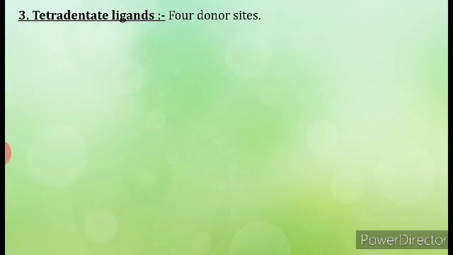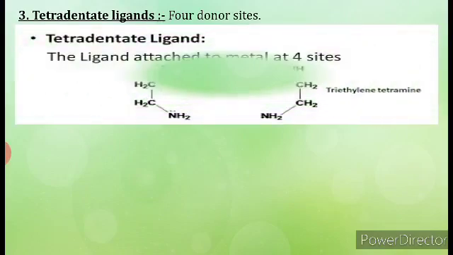Again, if one ethylene and one amino group is attached with diethylene triamine, then it will be triethylene tetramine. So the easiest example which you can remember is triethylene tetramine.